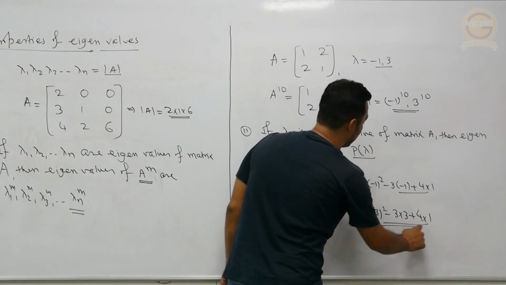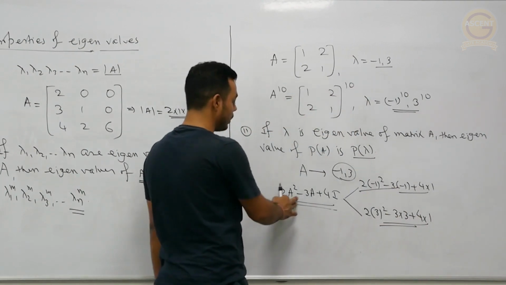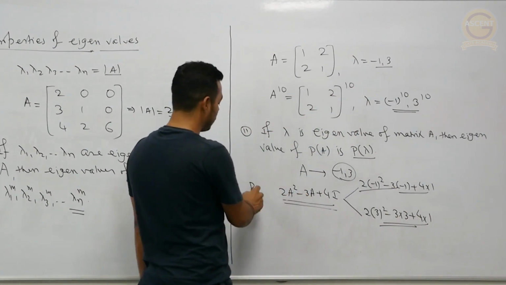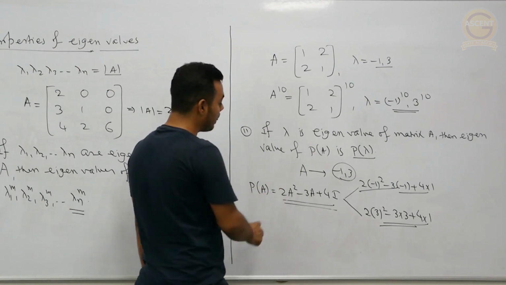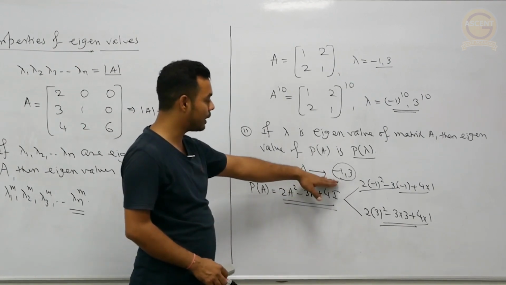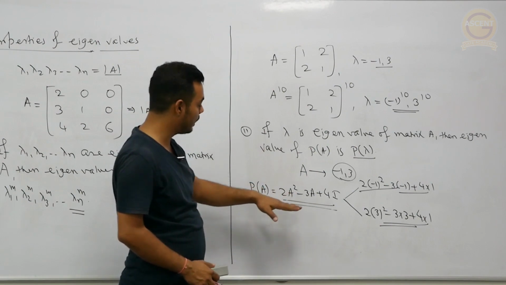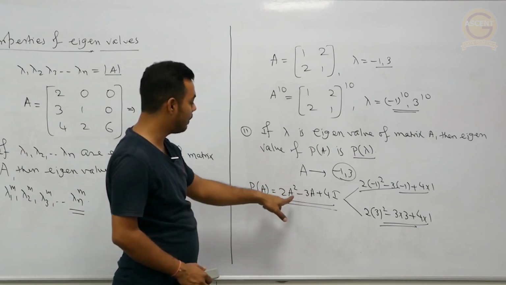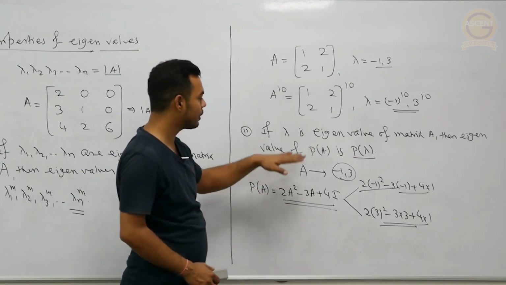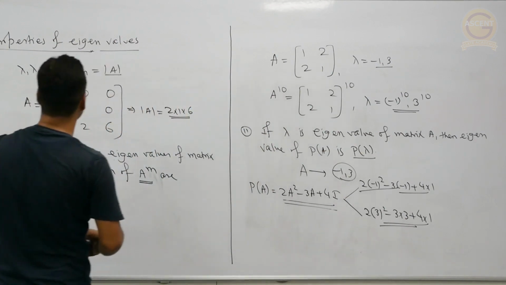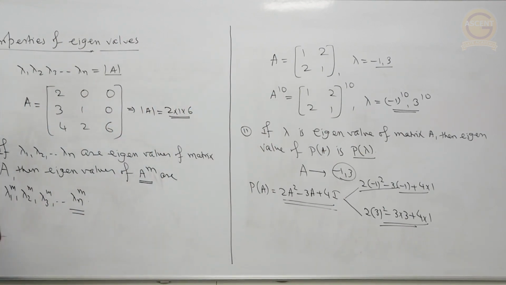So these are the two eigenvalues of this matrix. This was some polynomial expression in A, and we knew the eigenvalues of matrix A. So if you want to calculate eigenvalues of this polynomial, simply replace A by lambda. This is the second part of the fourth property. So these are the first four properties.